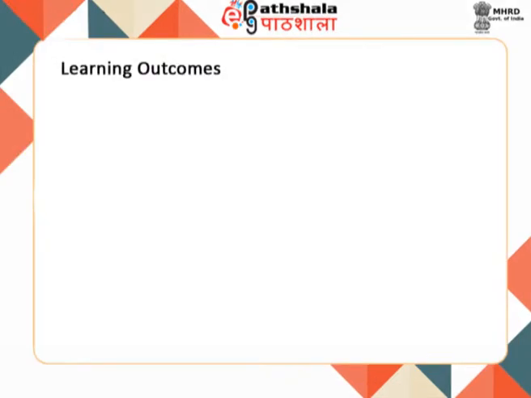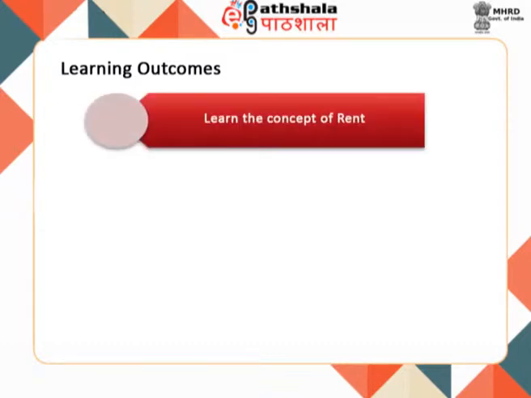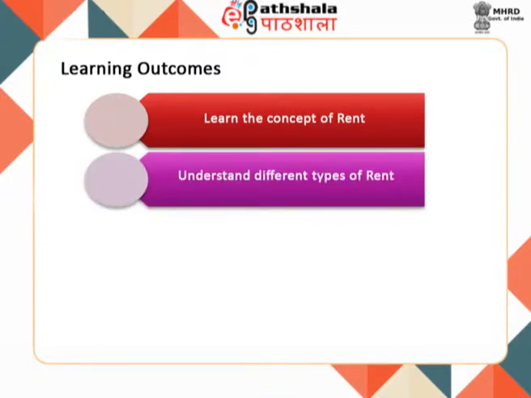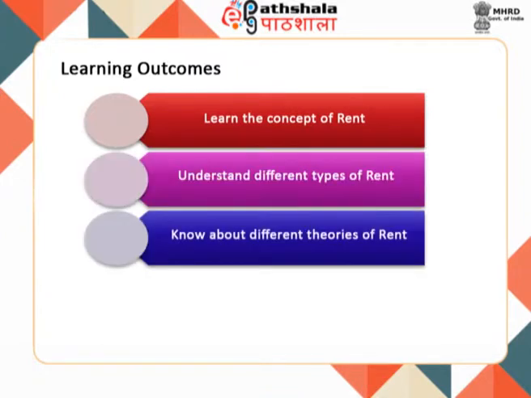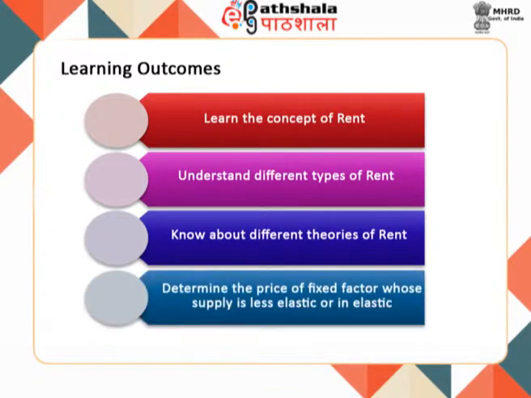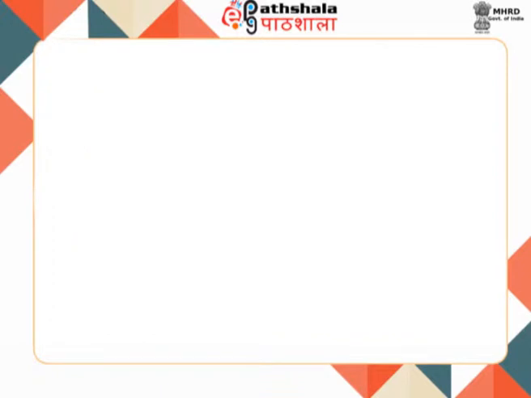After reading this module, you shall be able to learn the concept of rent, understand different types of rent, know about different theories of rent, and determine the price of a fixed factor whose supply is less elastic or inelastic.